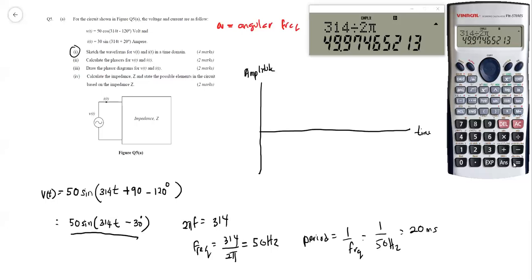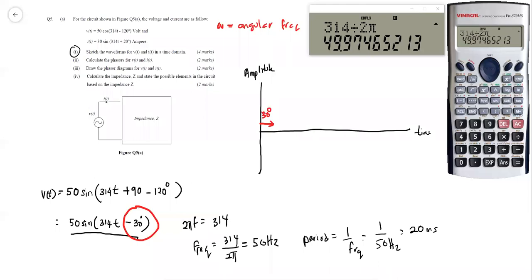So how can I sketch my waveform? As you can see, this is 50 sine 314t minus 30. Minus 30 meaning that your phase angle is delayed by 30 degrees.